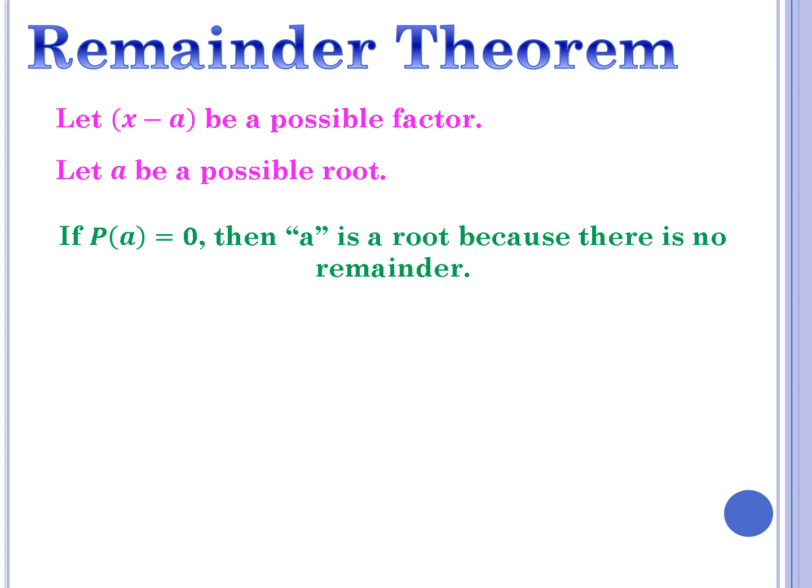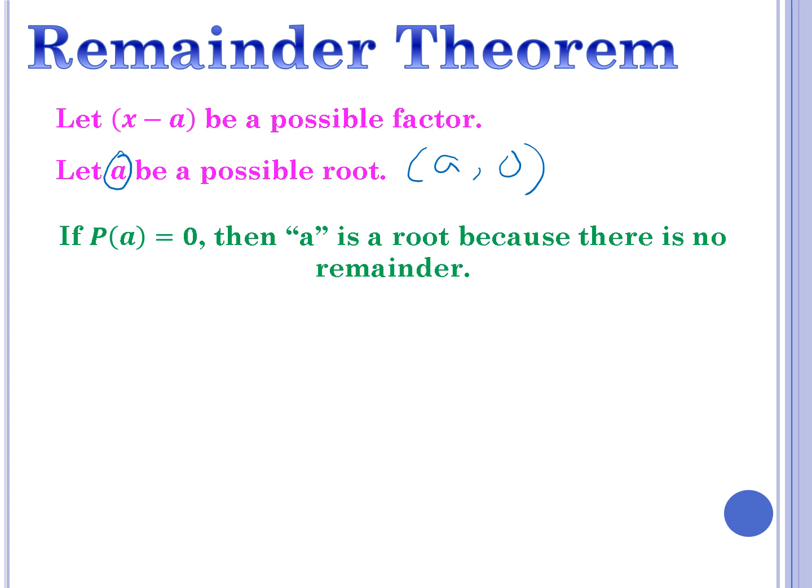Now, what the remainder theorem tells us. So let's think about this. If this a is a root, that means it's an intercept, which means it should equal 0 at that point. So your intercept would be a comma 0. So that means when I plug a into the given polynomial, it should equal 0.